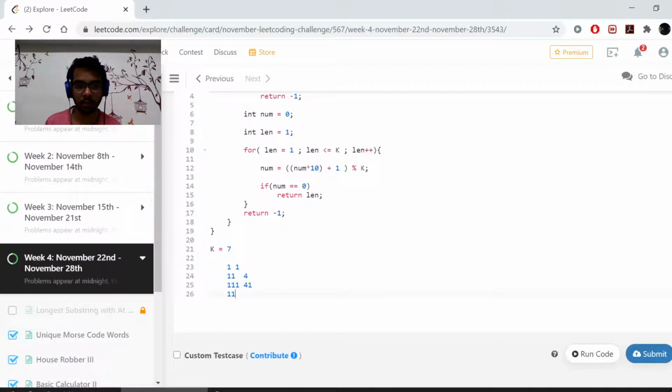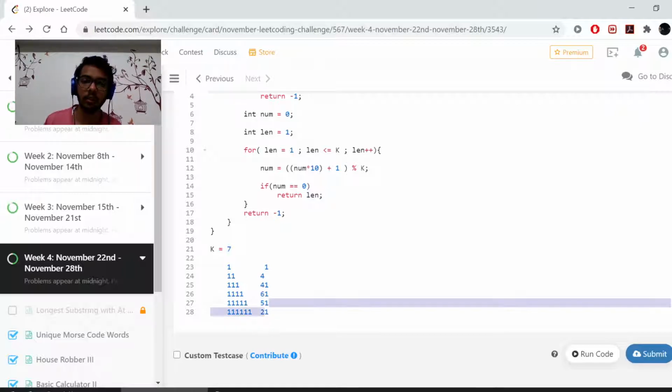Then again we check if it's 0 or not, and we get 41, 36, 61, then 551, and then a remainder of 2, so 21, and we can clearly see that 21 is divisible by this.